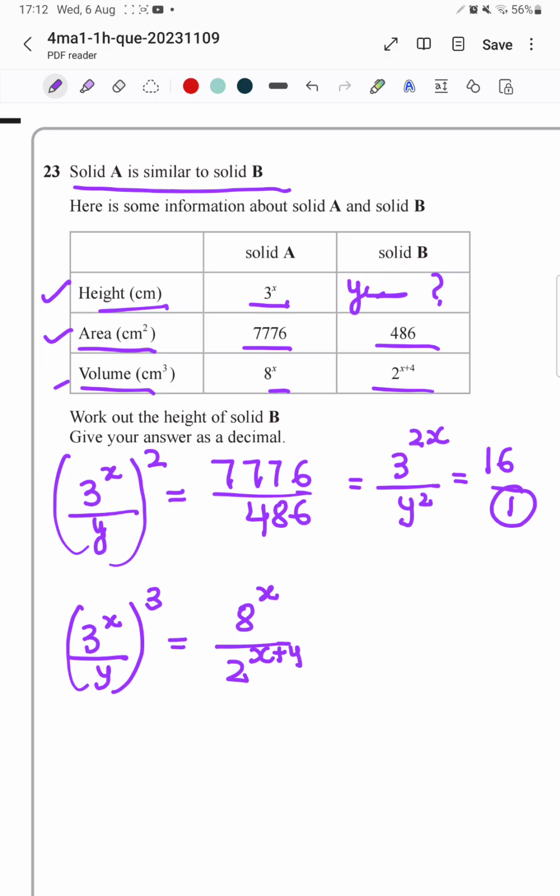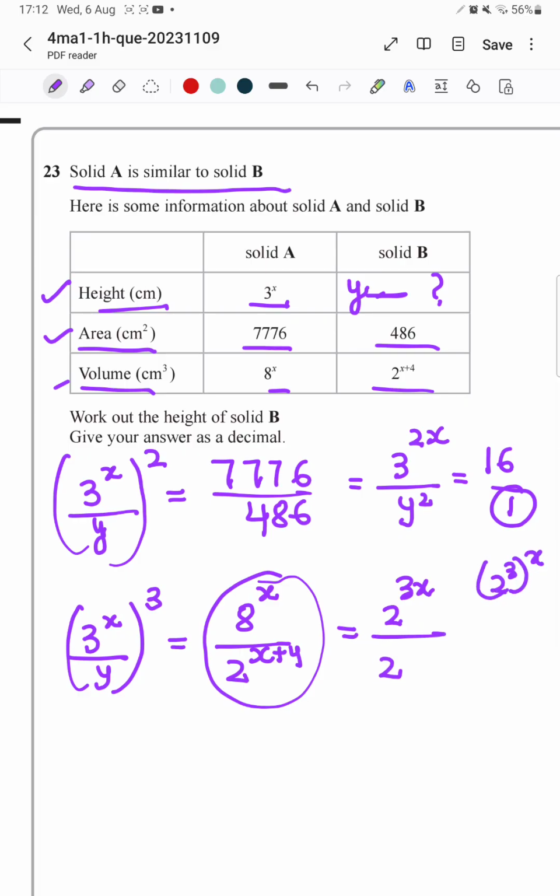Now this is very important because here we have everything in terms of x. 8 to the power of x can be written as 2 to the power of 3x, because 8 is 2 cubed. So it will be 2 to the power of 3x over 2 raised to the power of x plus 4. And finally we can write it as 2 to the power of 2x minus 4, applying the index rule.